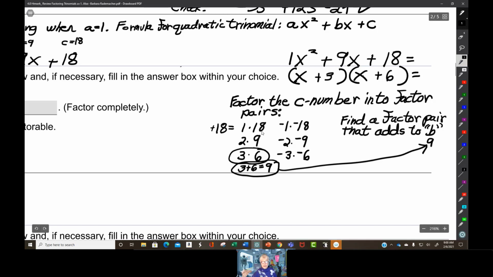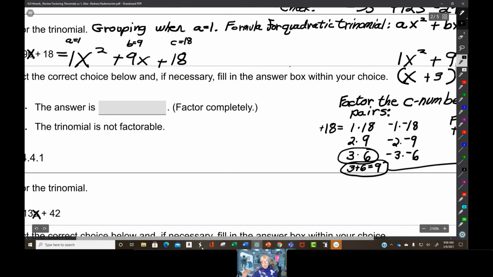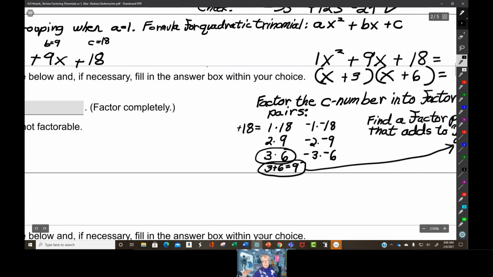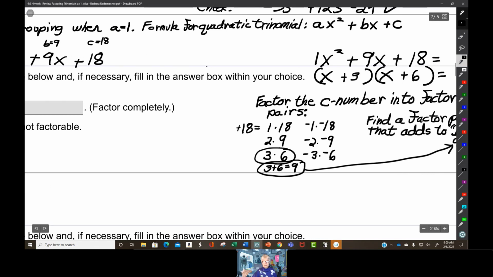Now, I should check my answer. I mean, if you want to be careful, you want to check your answer. I'm going to multiply x plus 3 times x plus 6.